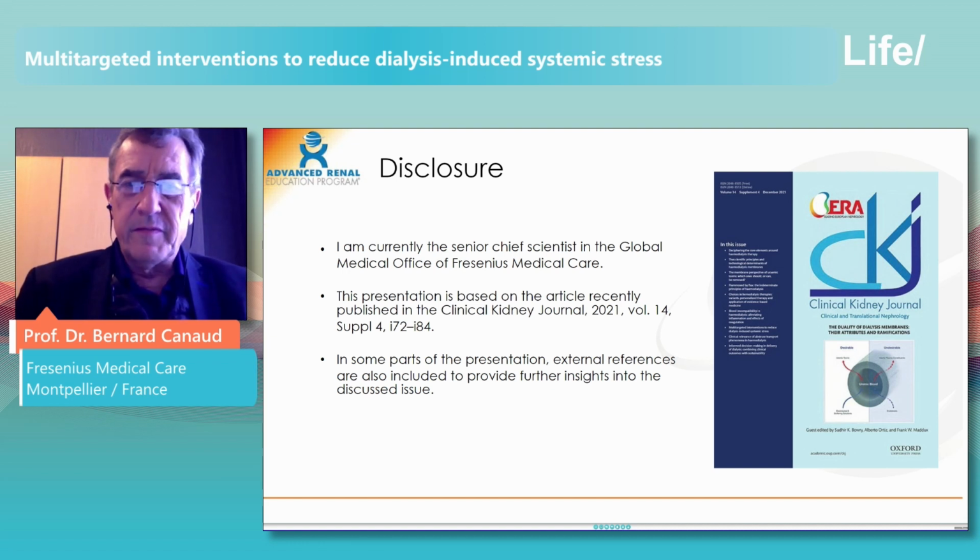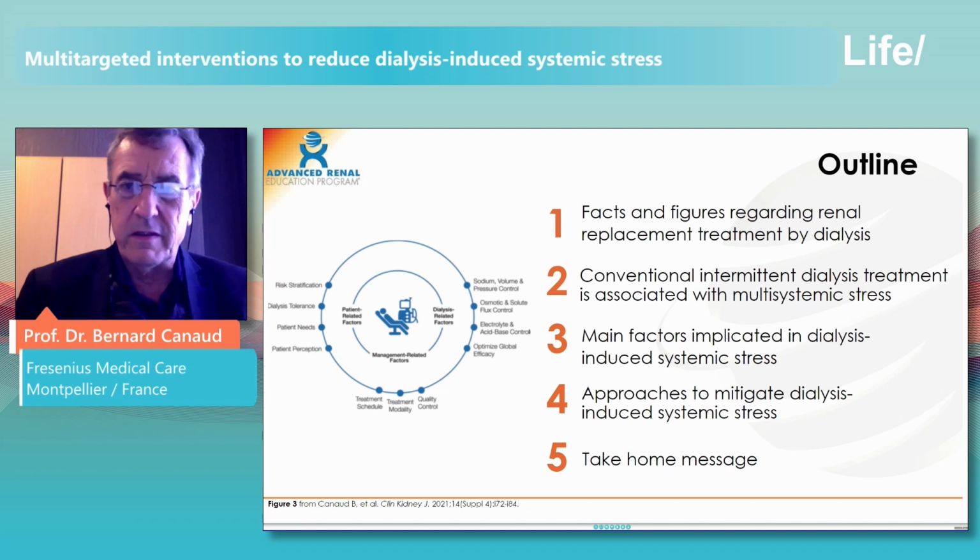This is part of the article from the CKJ journal. I am currently the senior chief scientist in the global medical office. Just to make sure that you are not confused, I put a lot of graphs from this article, though not necessarily taken from it, just as illustration.